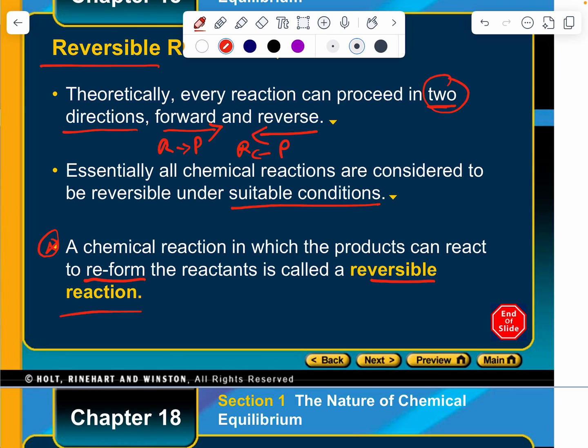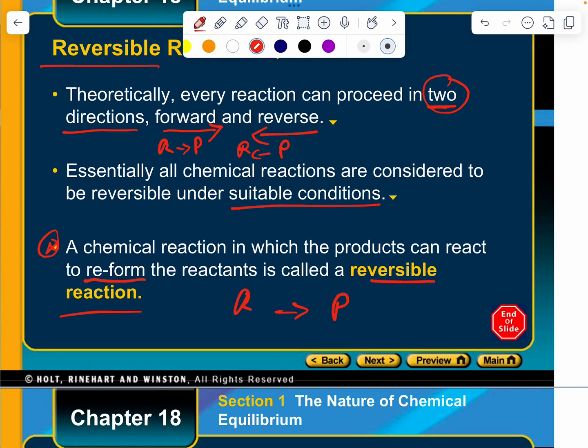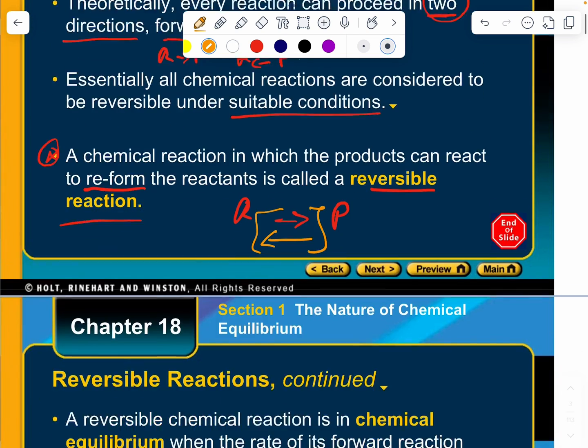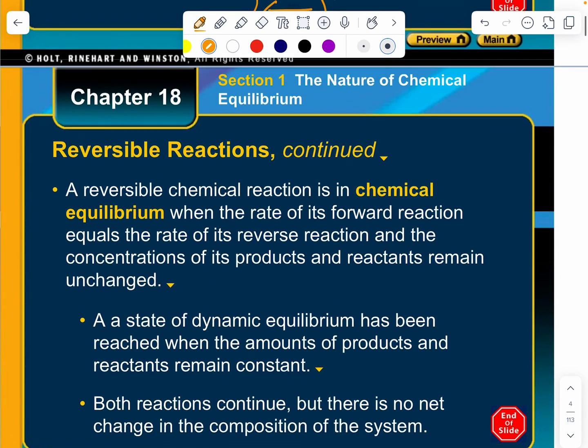The reactants will react with each other to give the products. Then our products will react with each other again and give reactants. In this case, we have a reversible reaction. A reversible reaction is a chemical reaction in chemical equilibrium.